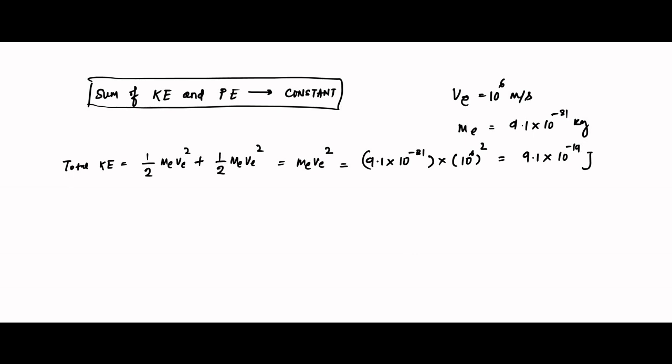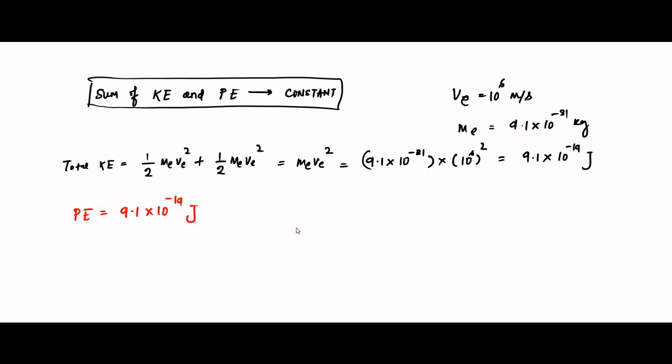Then at the point where both the electrons have stopped momentarily, the potential energy is maximum. According to the principle of conservation of energy, the potential energy of the two charge system should also be equal to 9.1 into 10 to the power minus 19 joule.